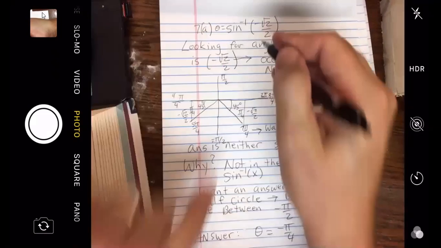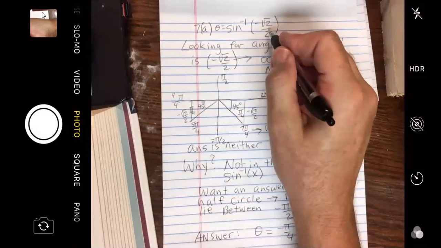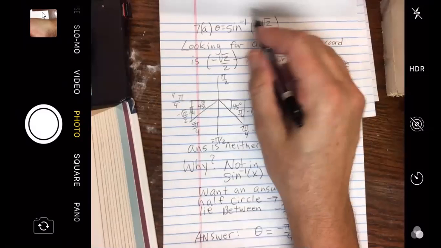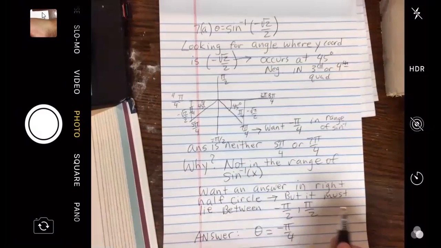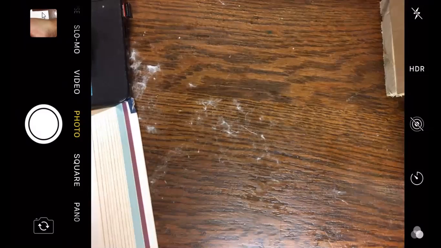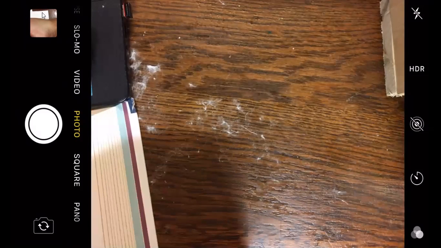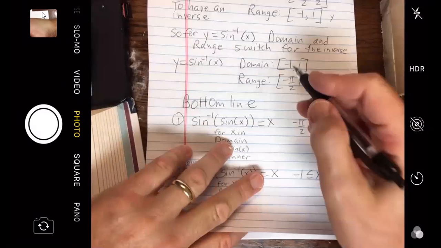You're getting it. This is your input in the domain. It's in the domain of arc sine. Your output's got to be in the range of arc sine. Range of arc sine was negative pi over 2 to pi over 2. It's tough to keep writing these down every page. Negative root 2 over 2 for arc sine.